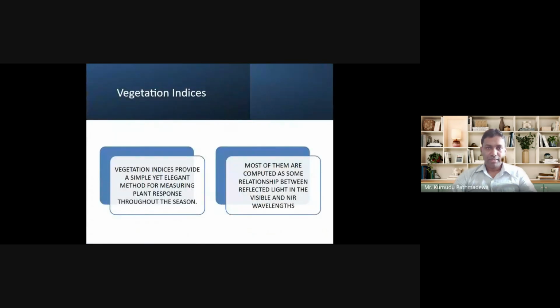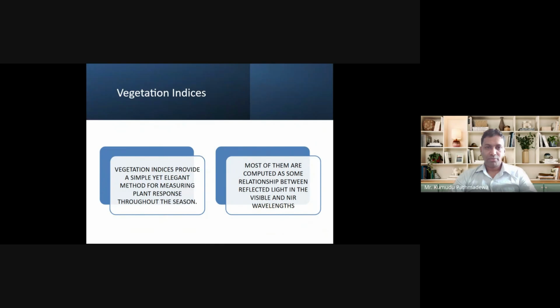So vegetation indices allow us to measure plant response through the growing season. Most of these indices rely on reflectance values from visible and near infrared bands. They offer valuable insight for precision agriculture, irrigation planning, and early stress detection.